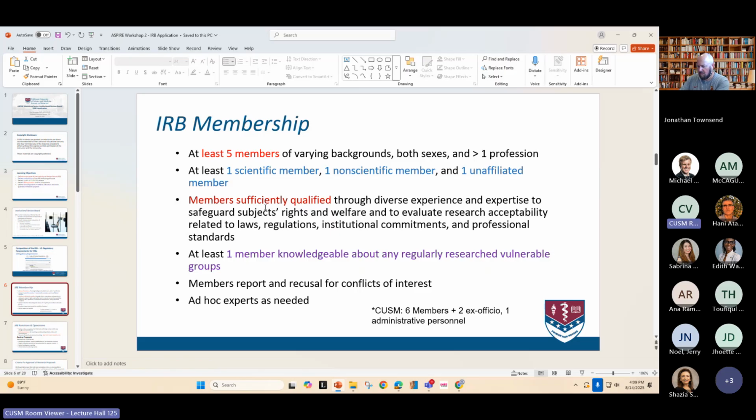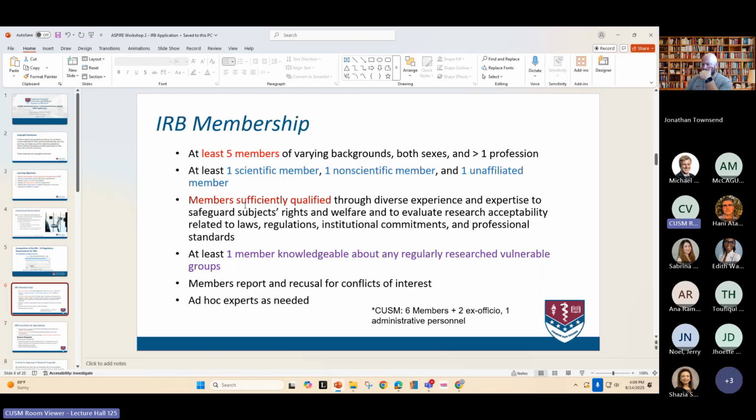Members should be sufficiently qualified, by degree or by training and experience, through diverse experience or expertise, to safeguard subjects' rights and welfare and to evaluate research acceptability related to laws, regulations, institutional commitments, and professional standards. So members must be sufficiently qualified by training or experience in the various areas.